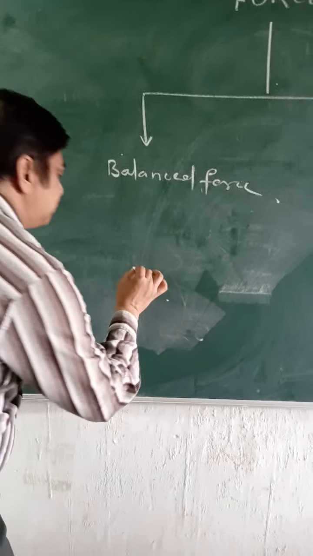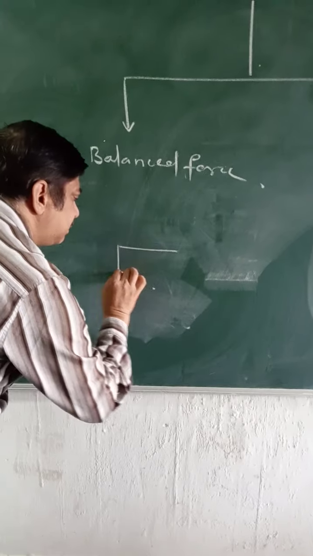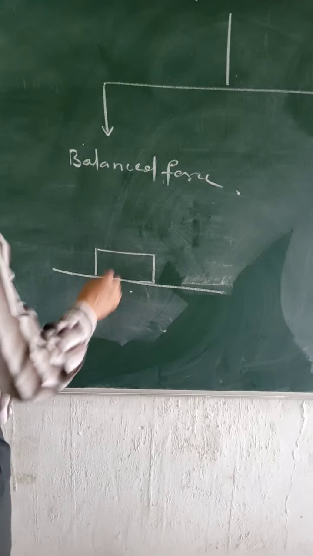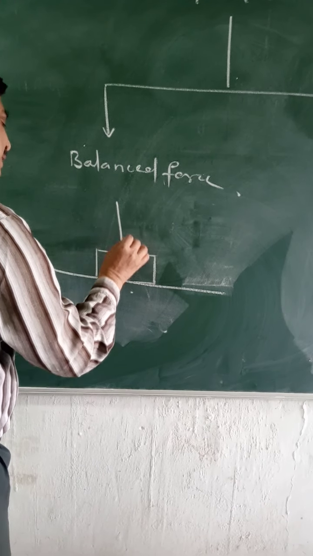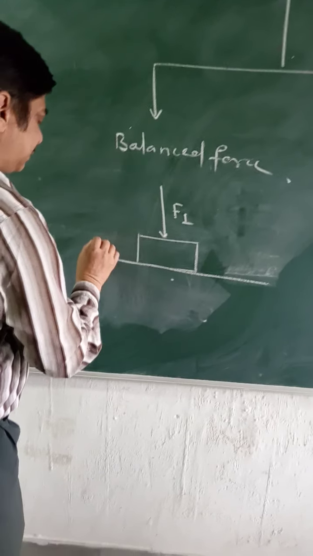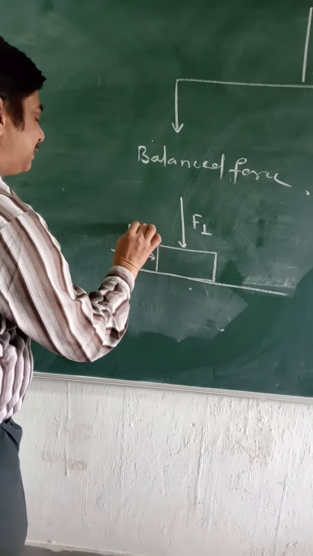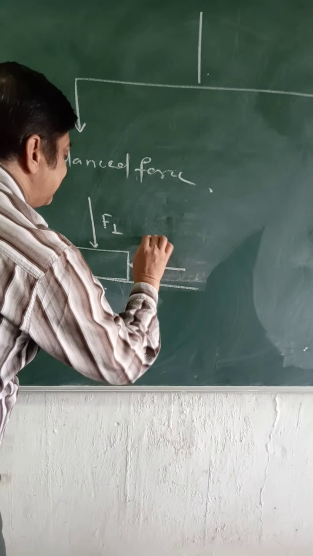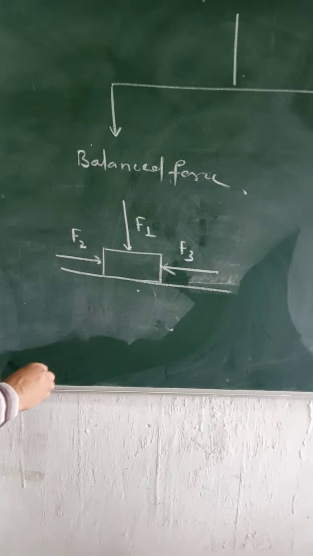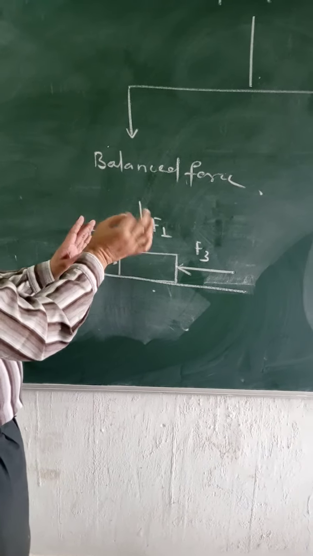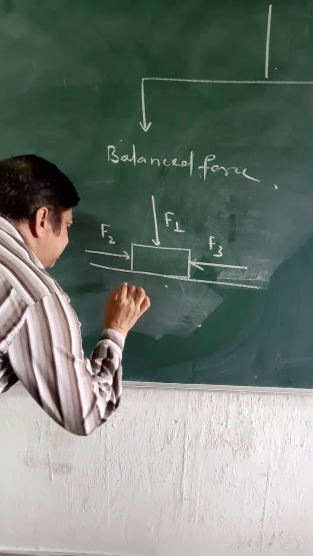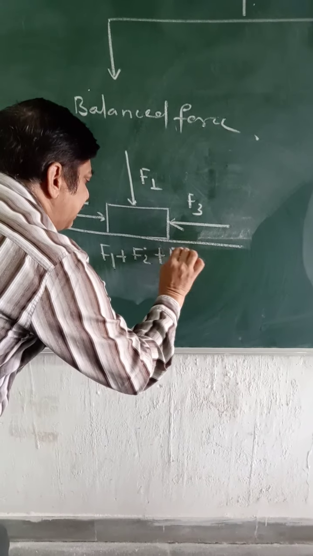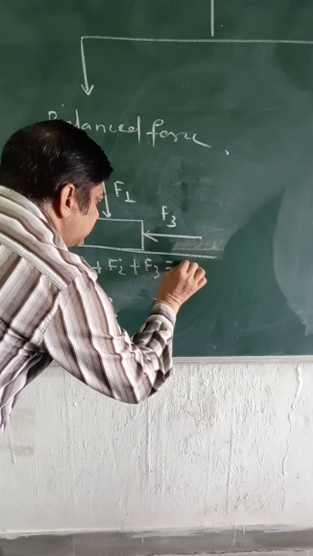Balanced force means this is the object, kept on a rigid support. Here one force acted, let it be F1. Force number 2 acted, let it be F2, and force number 3 acted, let it be F3. If all these forces are balanced, that means F1 plus F2 plus F3 is equal to 0.